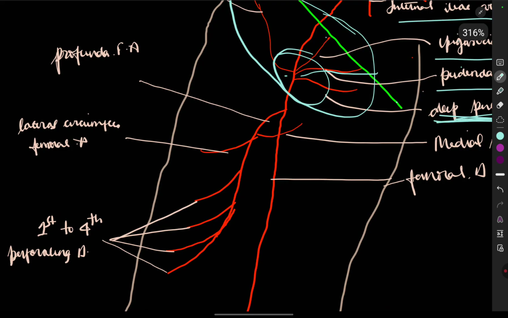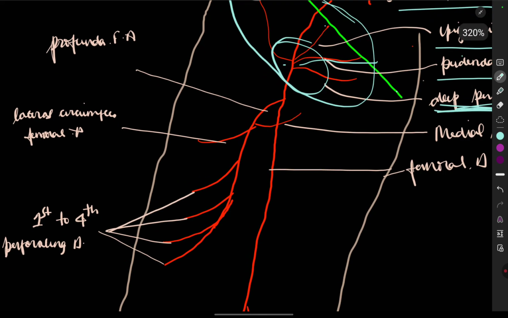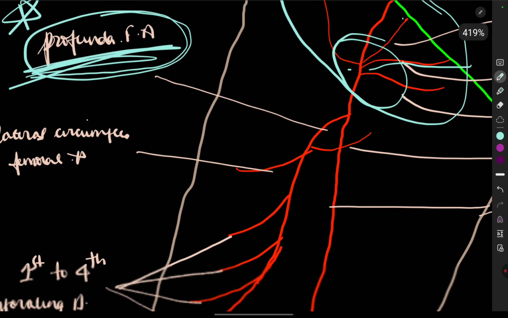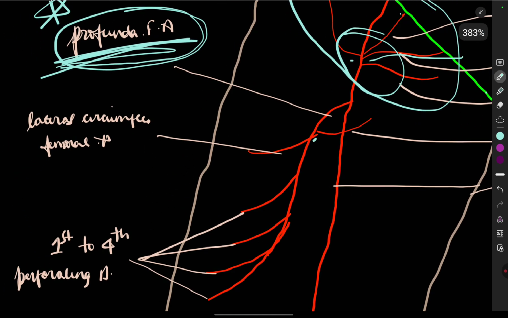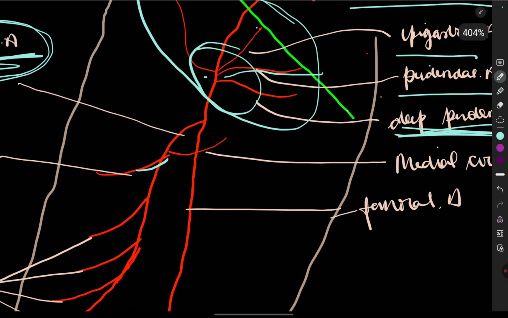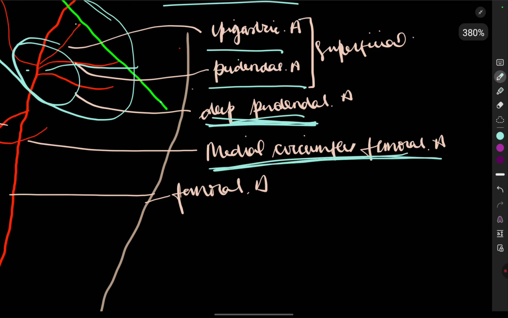And see, downside, it gives a branch called the profunda femoral artery, a very important branch of the femoral artery, because it supplies all the 3 compartments of the thigh. It divides into 2, that is the lateral circumflex femoral artery at the lateral side, and medial circumflex femoral artery at the medial side.